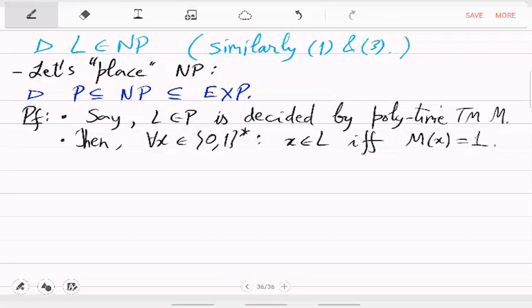Right. So a string is a yes string if and only if this particular solver, this efficient algorithm M, accepts it. This is by the definition of M.